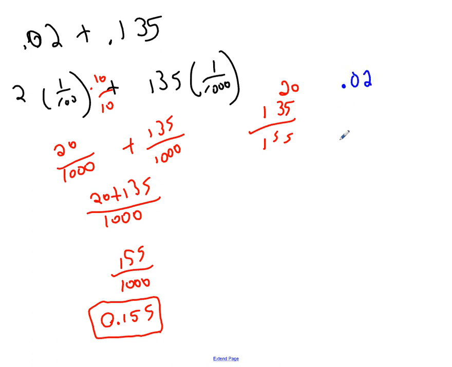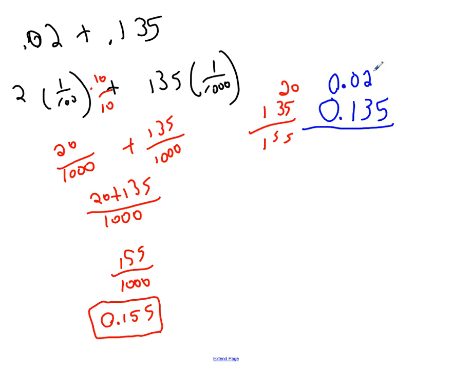0.02, I have to line up my units. No ones. 0.135 has no ones. No tenths. 0.135 means 1 tenth, 3 hundredths and 5 thousandths.